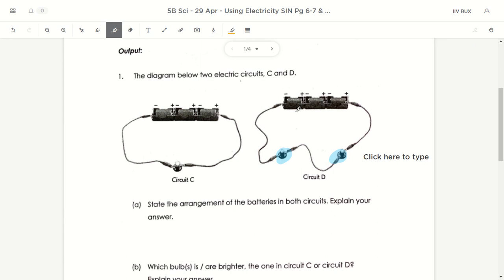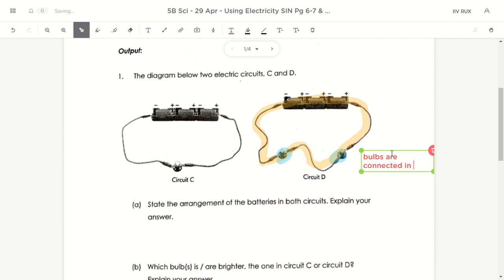Again, there's only one path for the electric current to flow through. So we know that the bulbs are connected in series, but this other one is just a normal circuit, because there's only one bulb and three batteries.